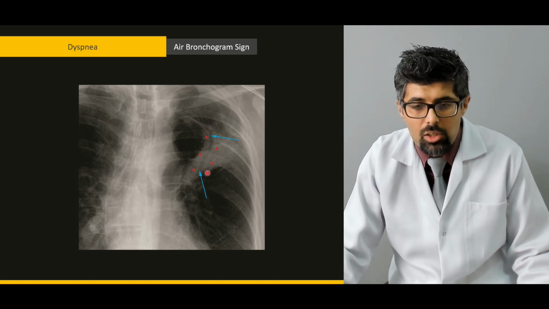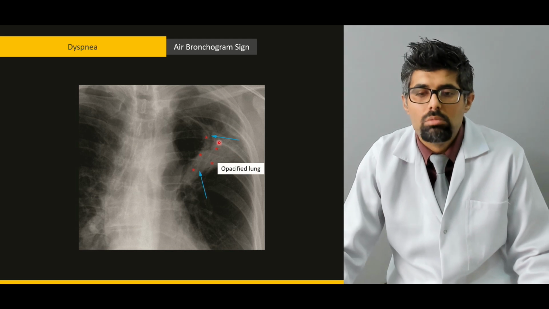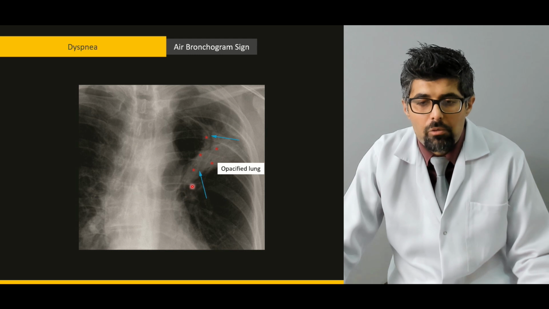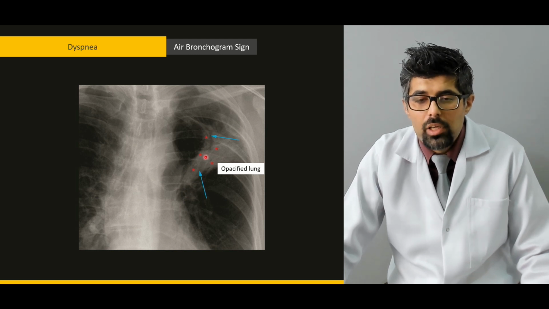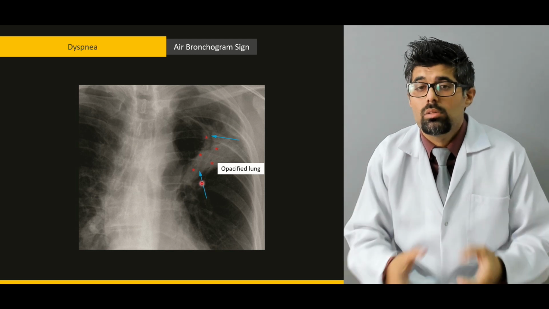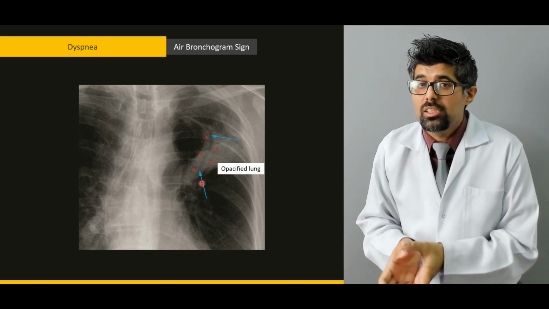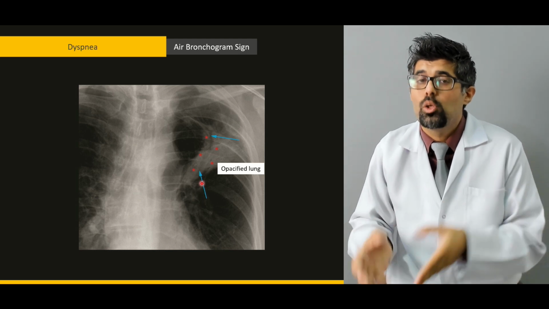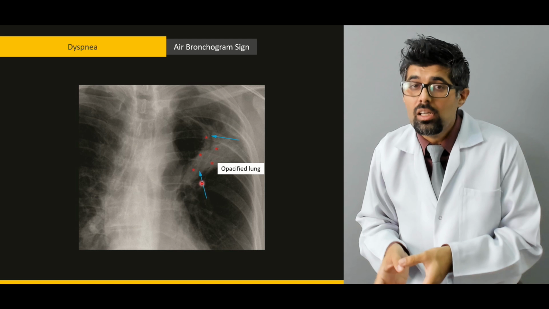This is the lung opacification or consolidation, but even through it, we can trace out the pathway of the bronchiole. This is because the bronchiole is thickened because of the inflammation, because of the pneumonia, because of the bacterial infection.